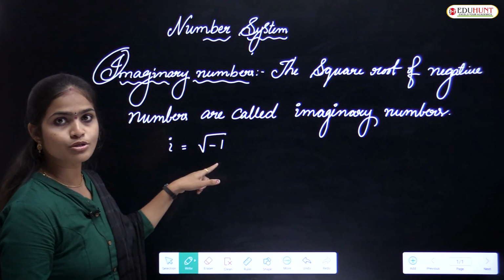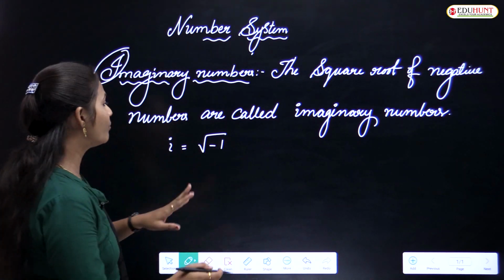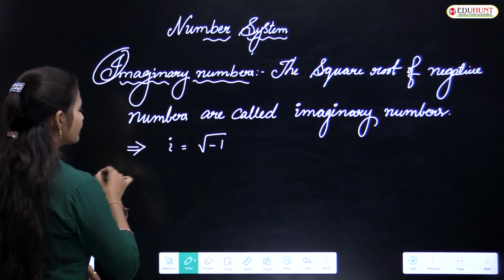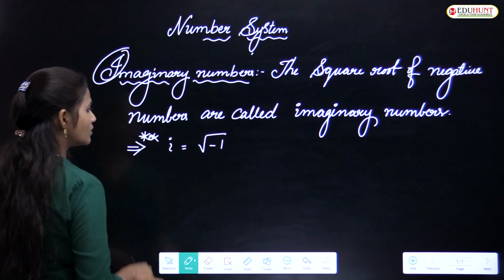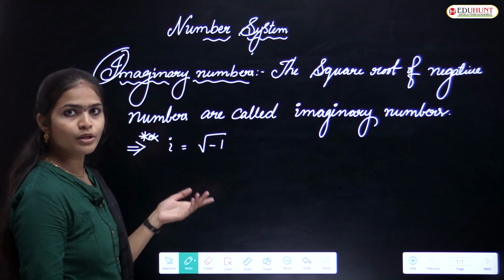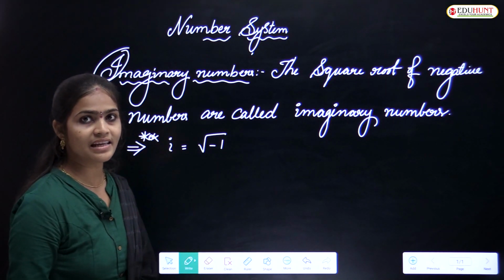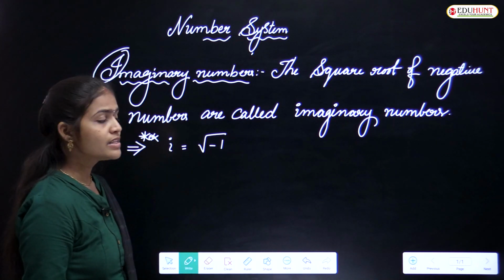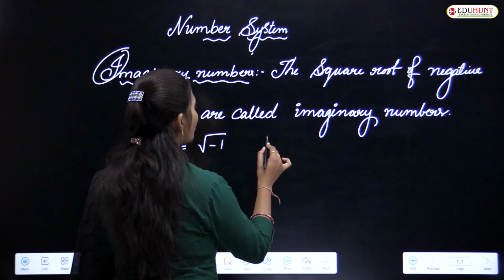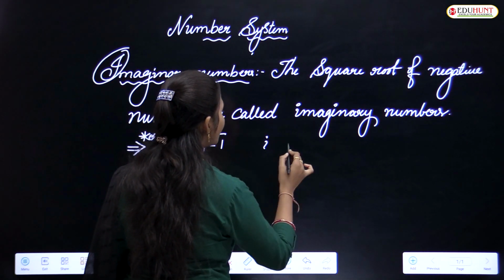Why did I keep star marks here? Because that is very, very important. What is the value of i? Square root of minus 1. We call that i iota.